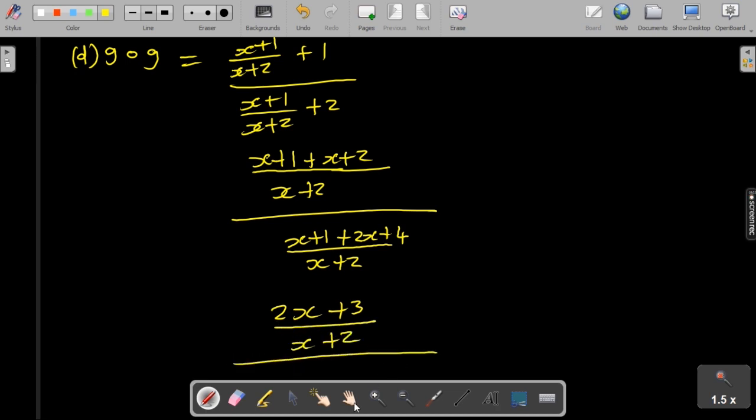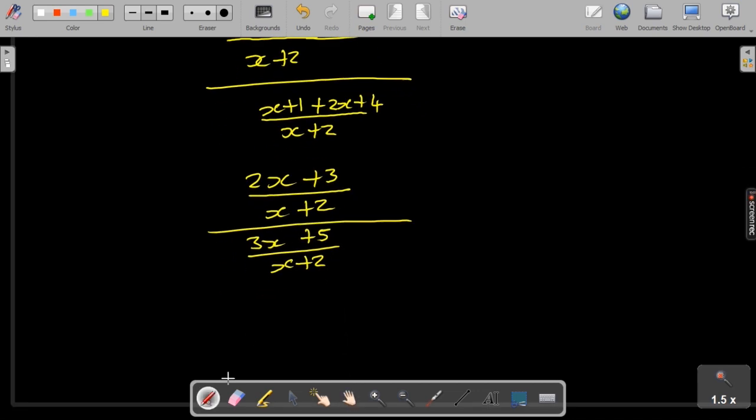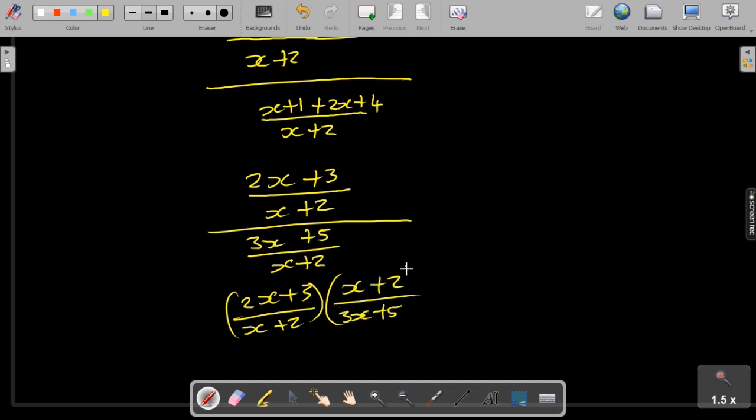And at the bottom, we will have 3x plus 5 over x plus 2. Okay, now we can multiply using the reciprocal. So the reciprocal of the bottom part will give us 2x plus 3 over 3x plus 5.